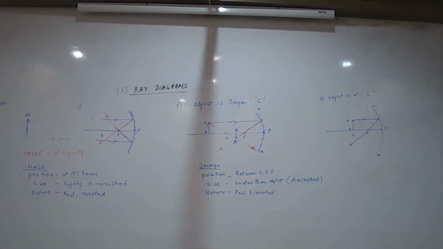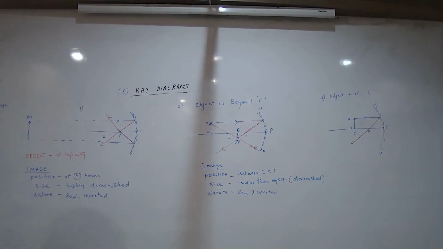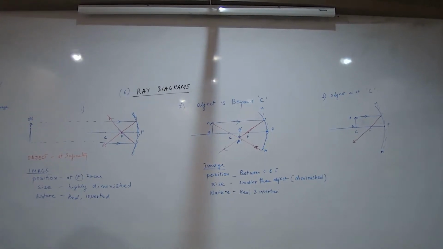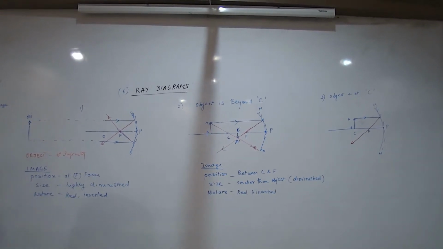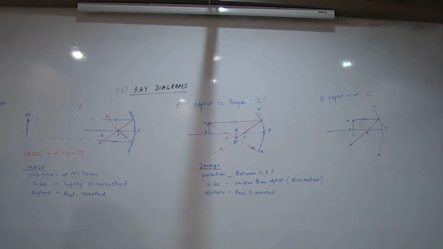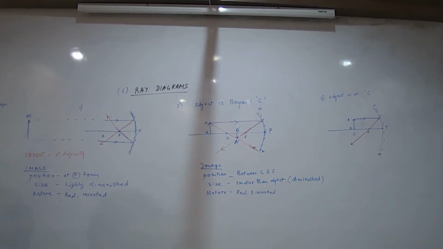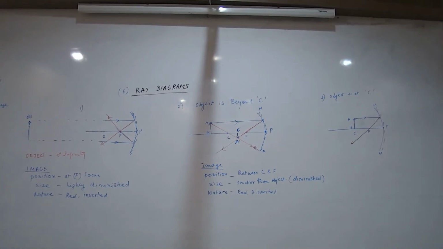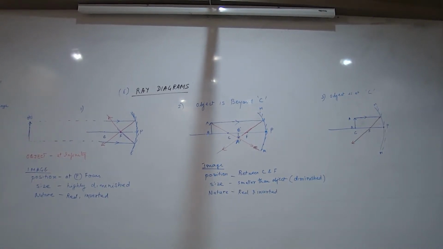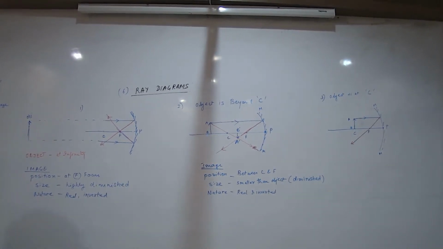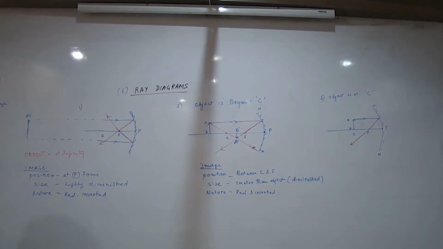The second ray that I am going to select will be a ray passing through F. I gave you those three diagrams at the start.